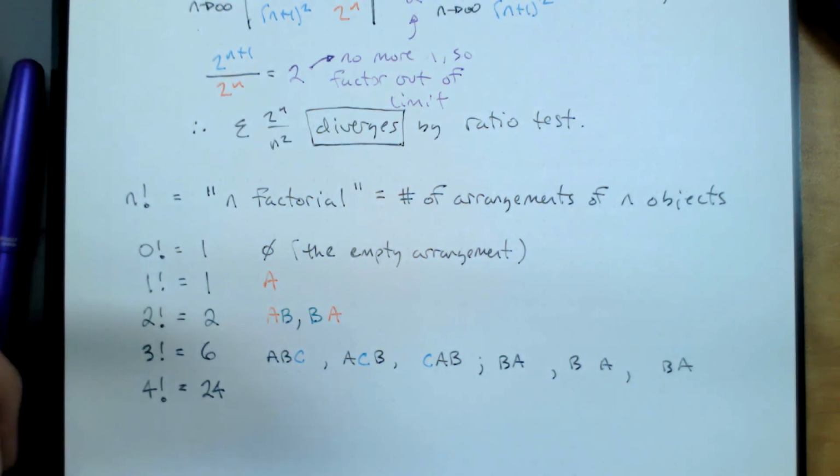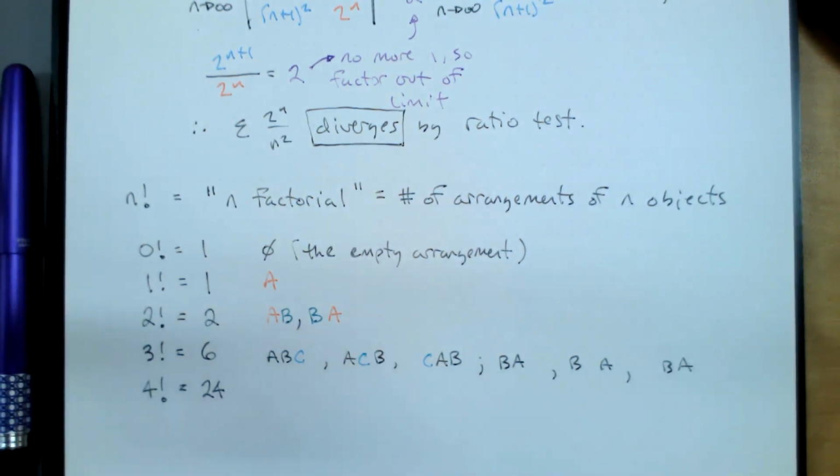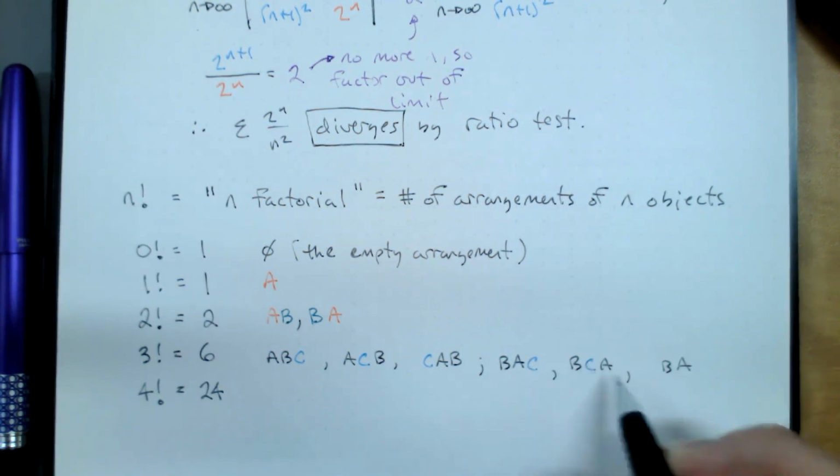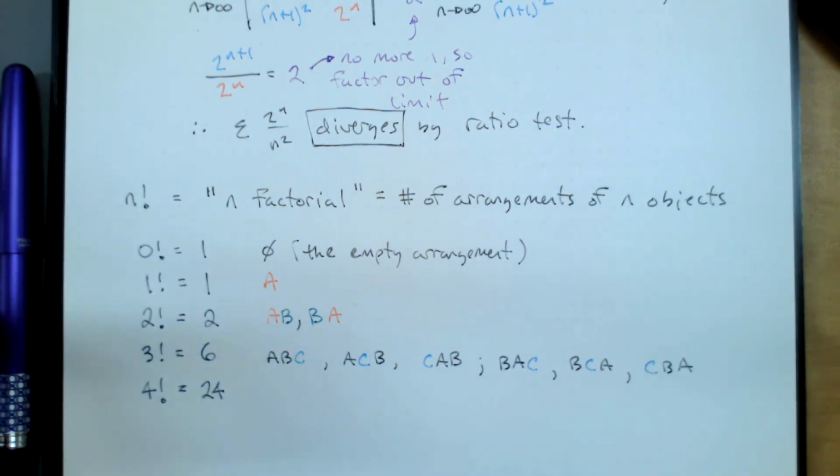For each of the 2 arrangements, I had 3 places to put a third entry. Now I have 6 arrangements of 3 items. Each of these 6 arrangements has 4 places we could put a 4th letter.